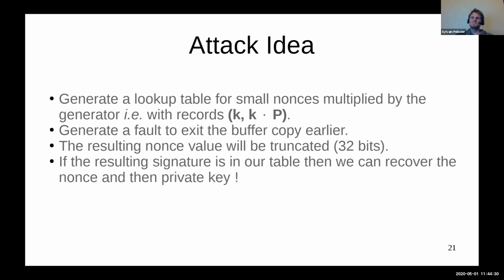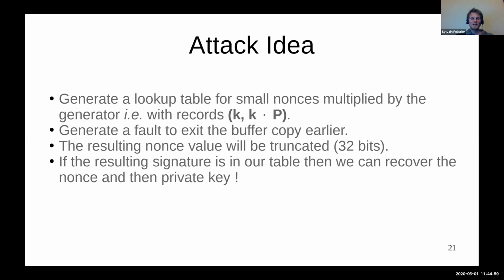So we can get back to our idea of attack. We can first generate a lookup table for small nonces multiplied by the generator. So we'll have a lookup table with k and k times P, where the first value is the nonce value directly, and then the nonce times the generator. Then we have to generate a fault to exit the buffer copy earlier and to have a small nonce.